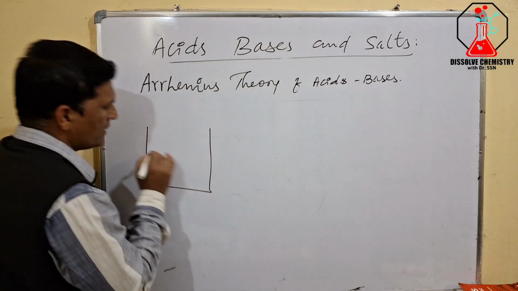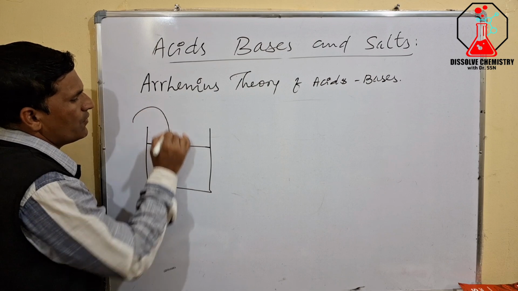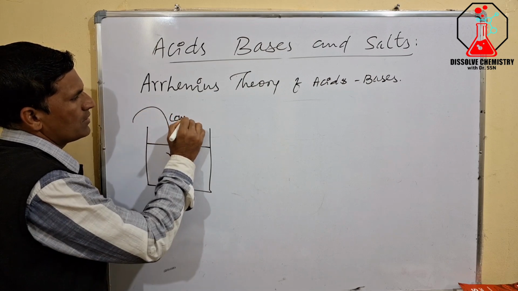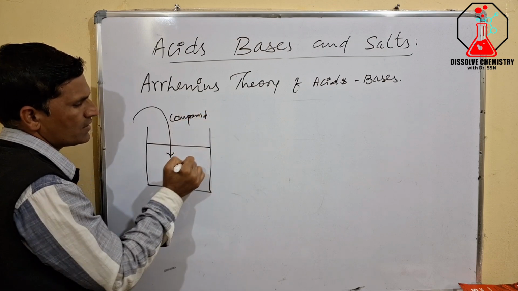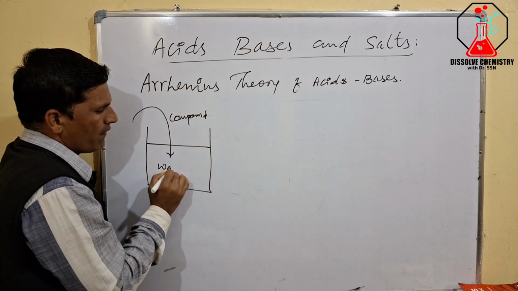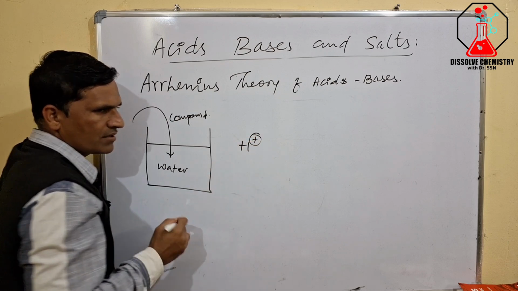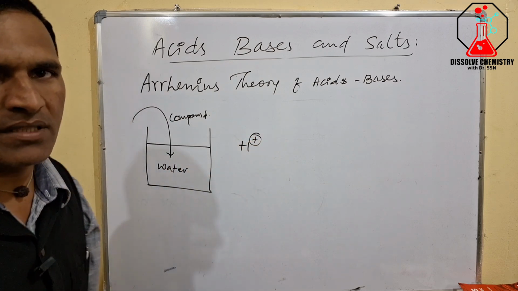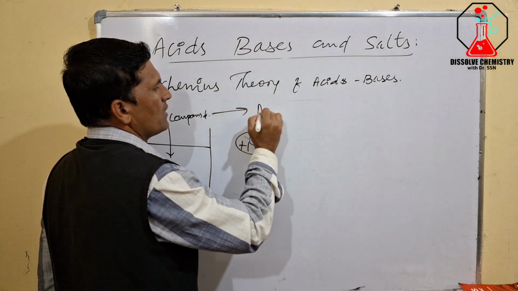Say you take water. If you add any compound, still we will not call it an acid. If we dissolve this compound in water and it dissociates to give H plus ions, then that compound is called an acid.